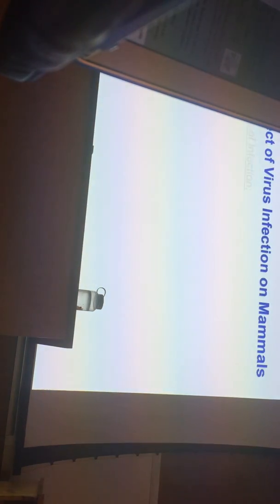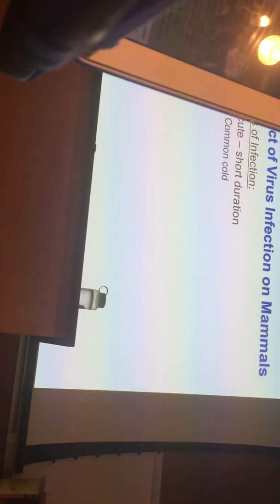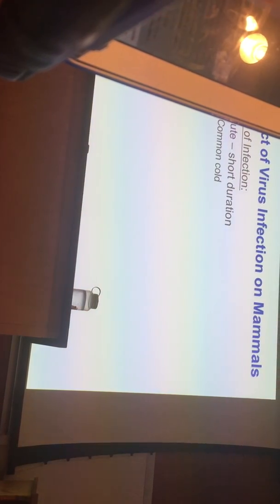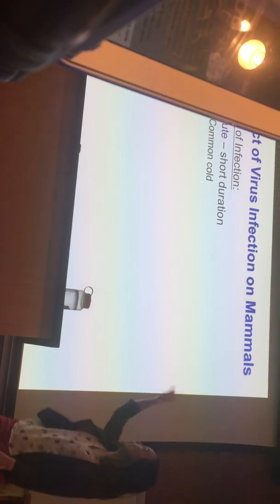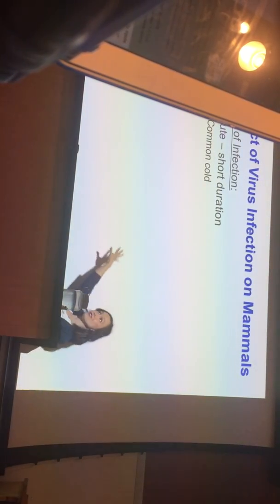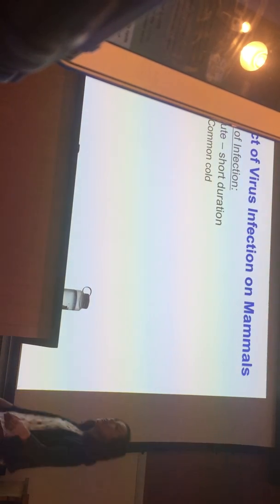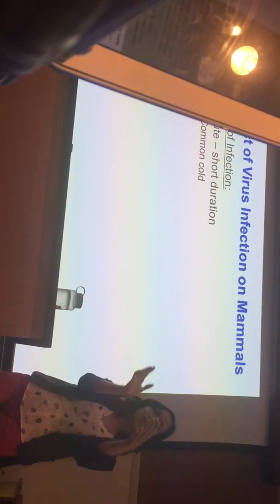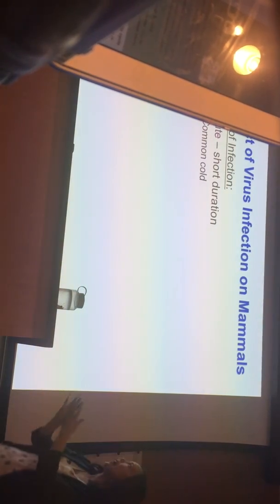All right, my last couple things to mention: as far as the duration of a viral infection, you can definitely get some differences in the effect of a virus on its host. There are what we call acute viral infections. Acute means the infection process is rather short or brief.